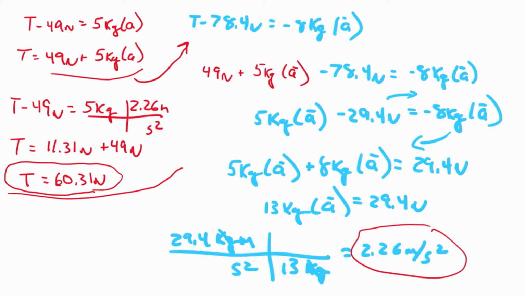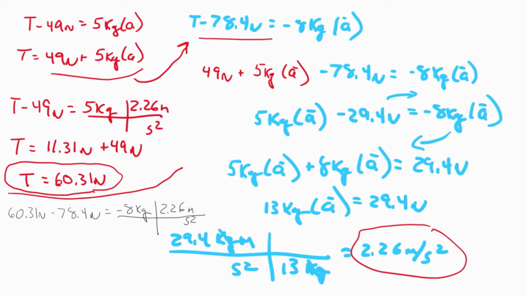Now, just because, let's just see how it works here. And I'm not really solving for anything anymore. I'm just putting everything in. I'm going to do it in black just to make it separate. So T, I'm saying T is 60.31 newtons minus 78.4 newtons equals minus 8 kilograms times 2.26 meters per second squared.